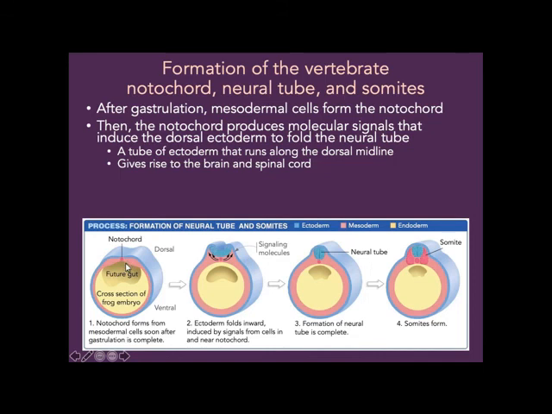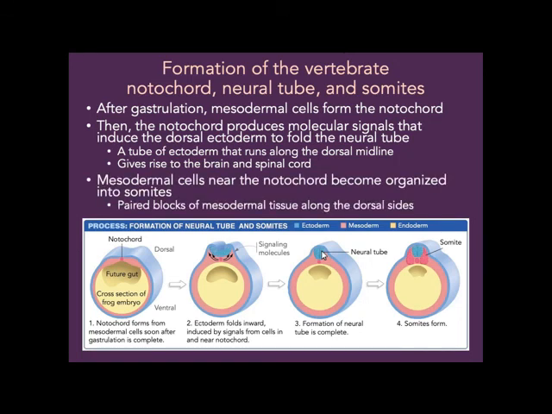The notochord is going to produce these molecular signals and induce the dorsal ectoderm here to form into a neural tube. So it'll fold in like this to make a neural tube up the middle, and that is going to give rise to the brain and the spinal cord. So that is really important.